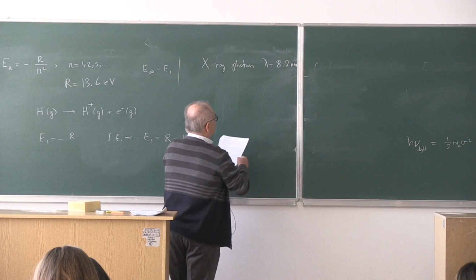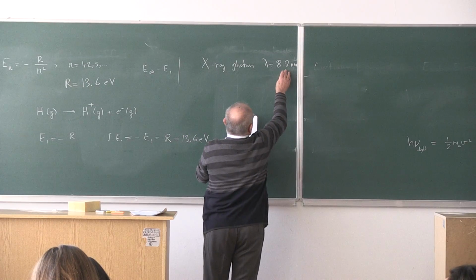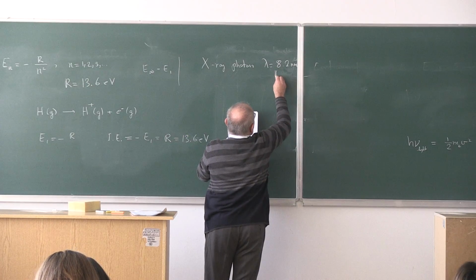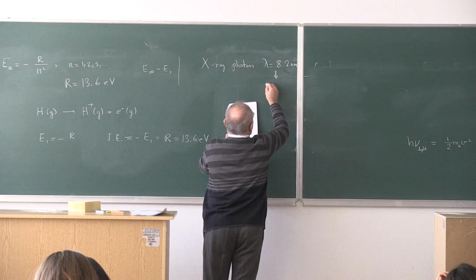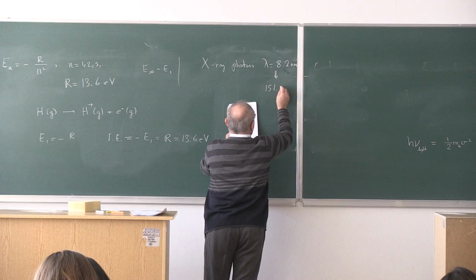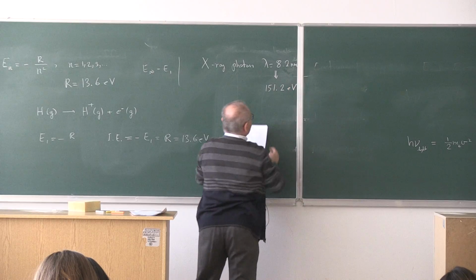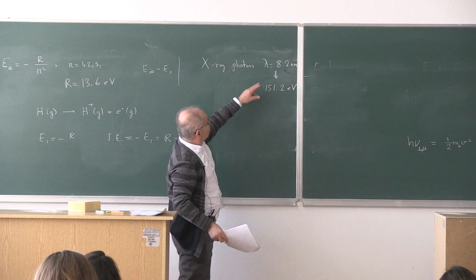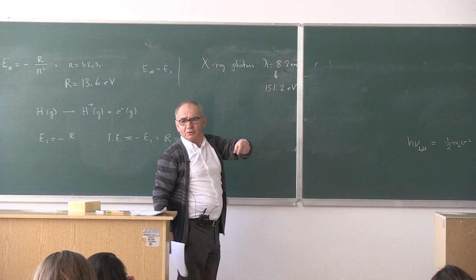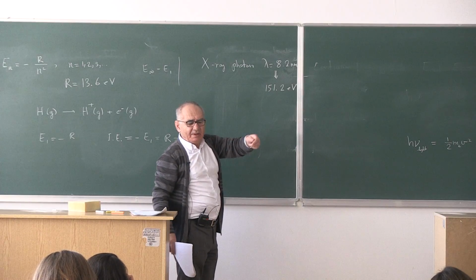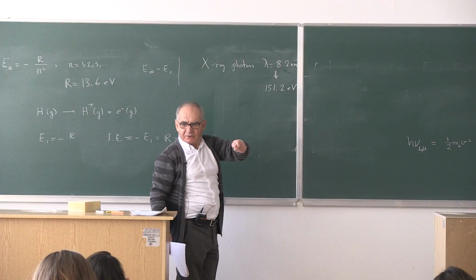So we first find out how much energy does this photon have. It has 151.2 electron volt energy. How do you calculate photon energy? H times frequency.